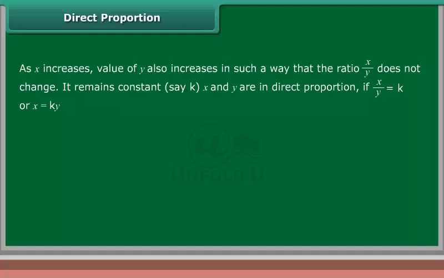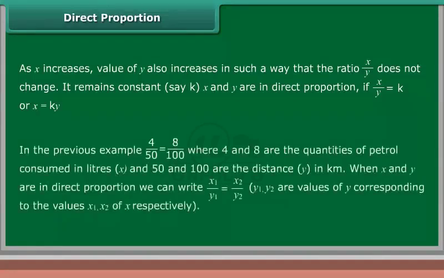It remains constant, say K. X and Y are in direct proportion if X upon Y is equal to K, or X is equal to KY. In the previous example, 4 upon 50 is equal to 8 upon 100, where 4 and 8 are the quantities of petrol consumed in liters, X, and 50 and 100 are the distance Y in kilometers.